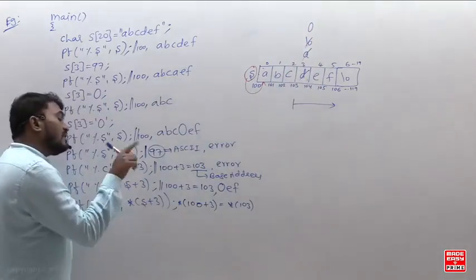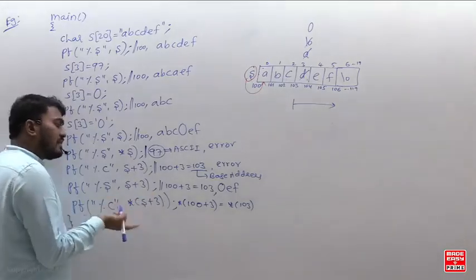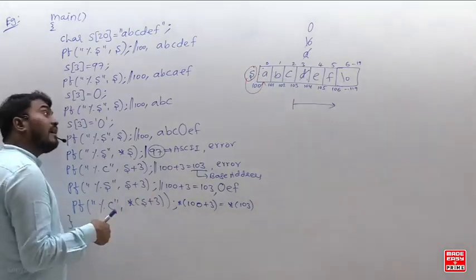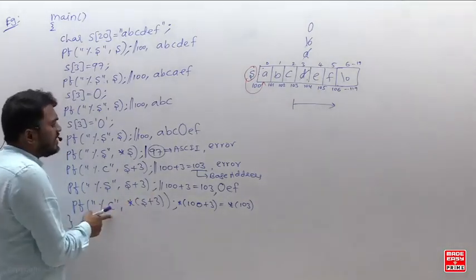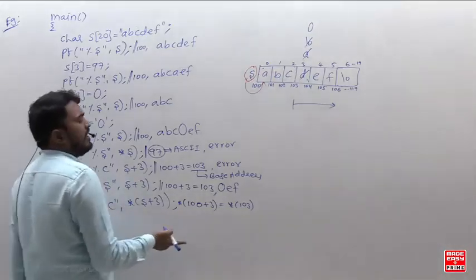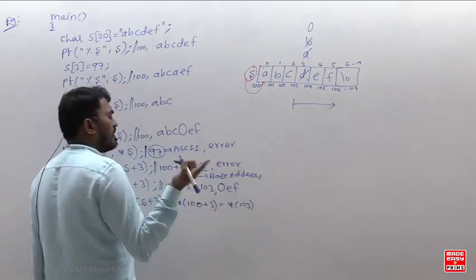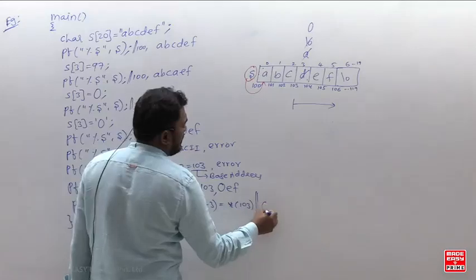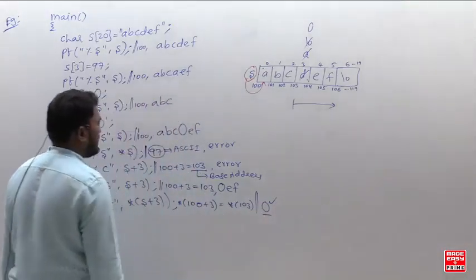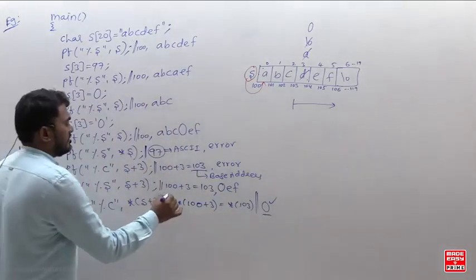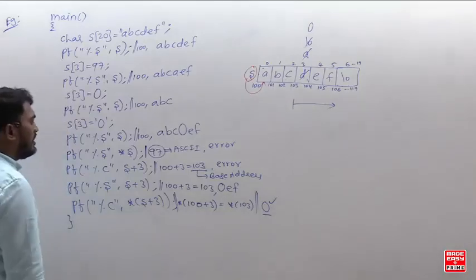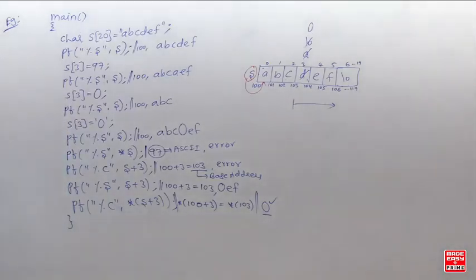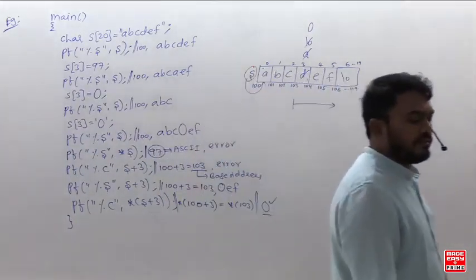You are providing the ASCII value of the character 0. So you are giving an ASCII value only, and that is what is required. What is the ASCII value of 0? I don't know, it is not required. So what will print? 0 will be printed. That is the output. I think that is clear for everyone.